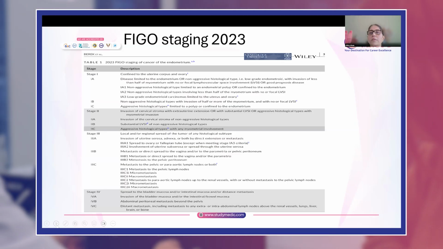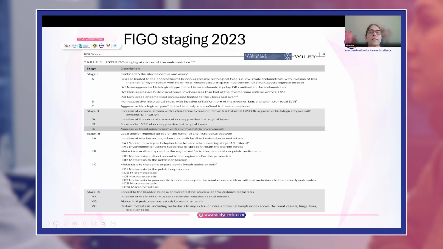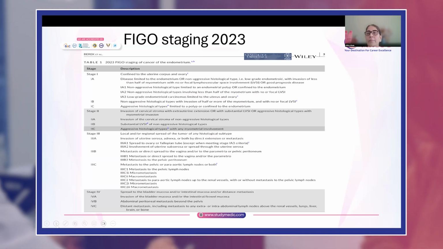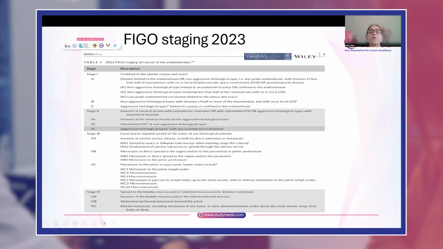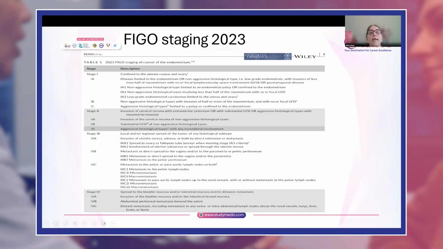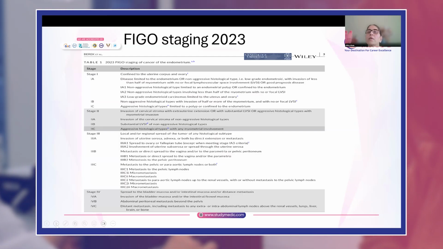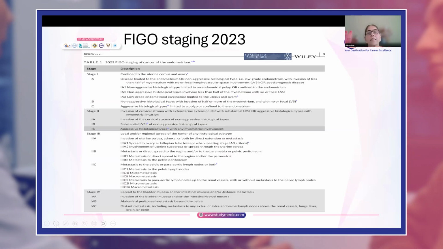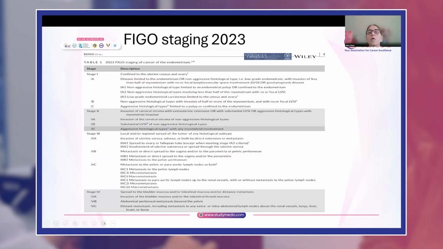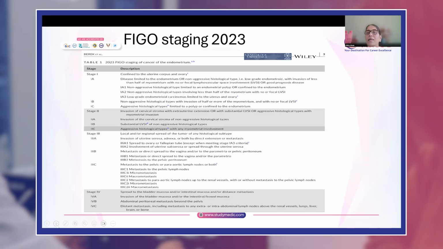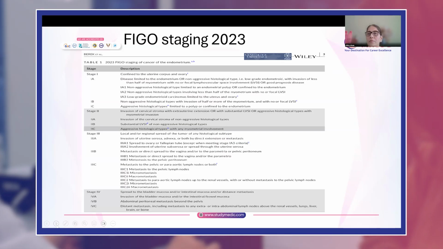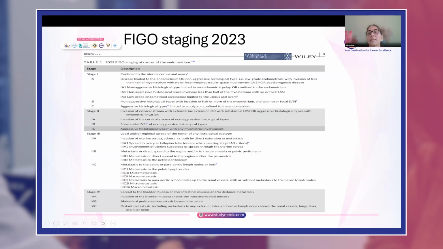We already saw which are the histological types that are non-aggressive. Or invasion is less than half of the myometrium, that is, less than 50% of the myometrium is involved, and there is no focal LVSI. LVSI means lymphovascular space involvement. Or there is good prognosis disease like we saw, endometrioid with POLE mutation, that is a good stage disease.